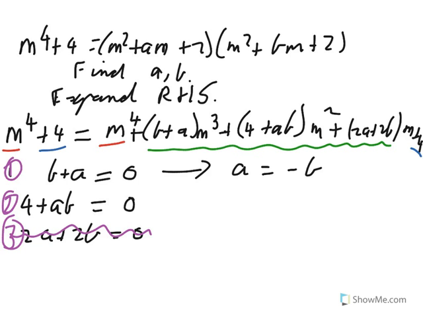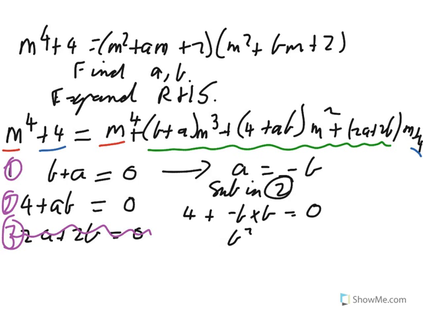Then we can substitute that into number 2. When we do that, you get 4 plus negative b times b equals 0. When we solve that, we get that b squared equals 4, so b equals plus or minus 2.